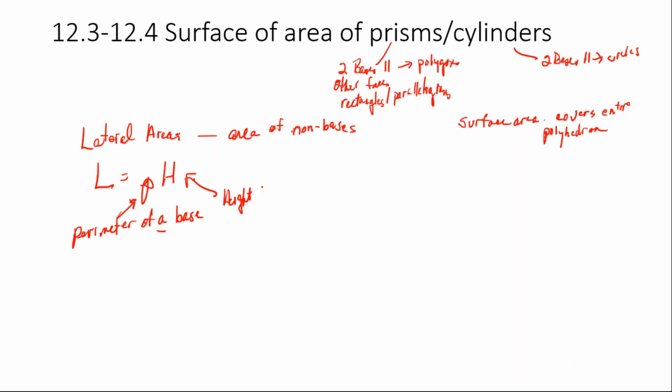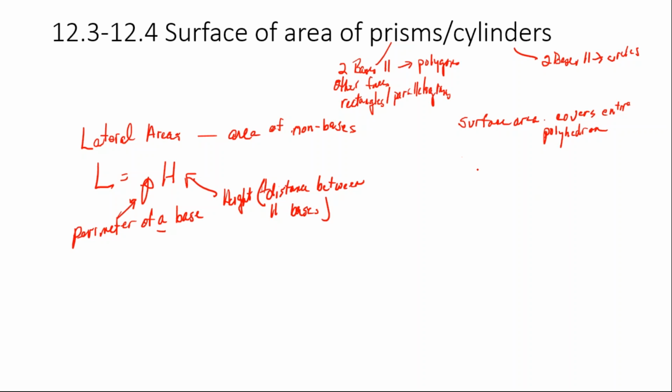But in this case, the height is the distance between parallel bases. Remember, it's always the perpendicular distance. So when I mentioned height on that one, and they got a lot of different numbers in there, you're looking at the difference between the ones you're calling the bases. That is the height.